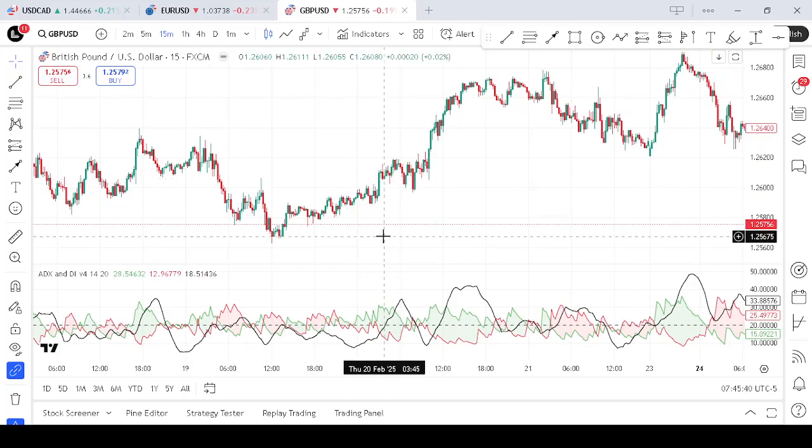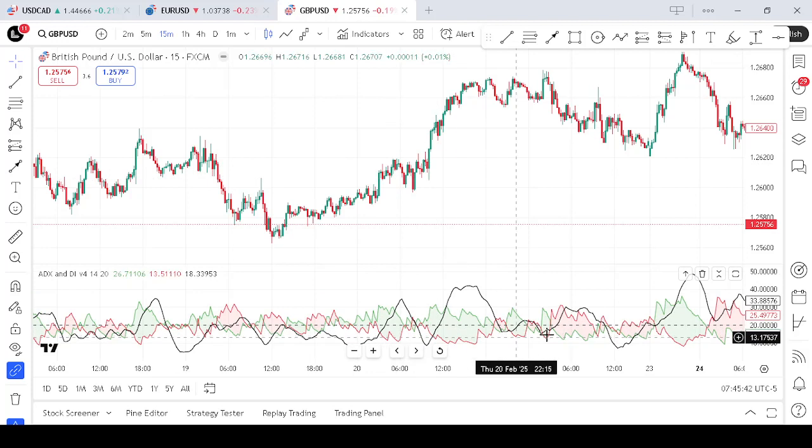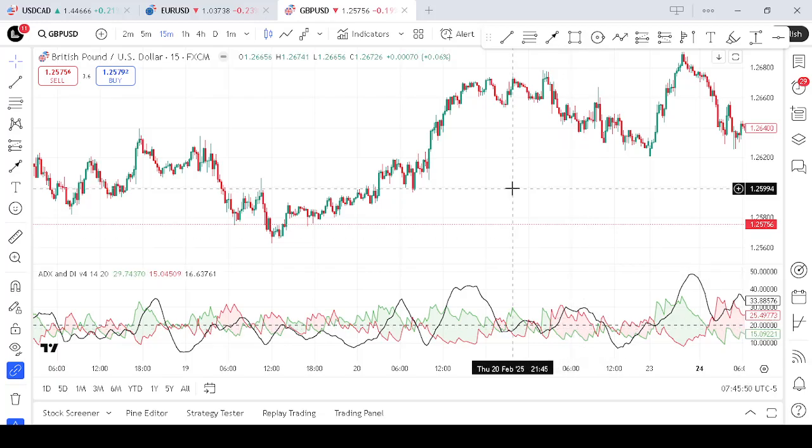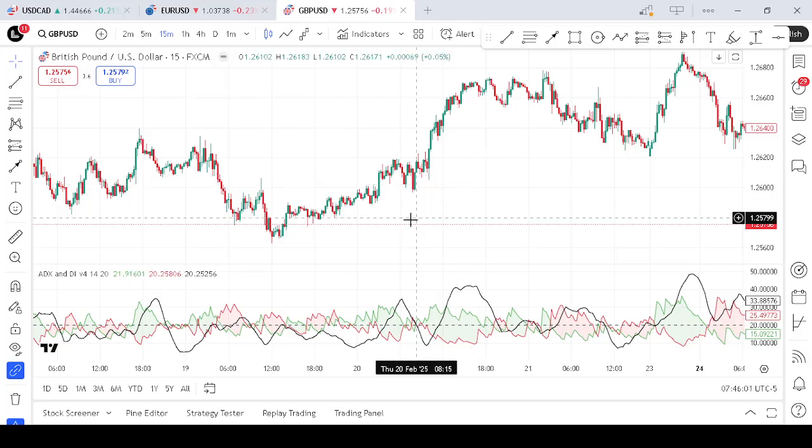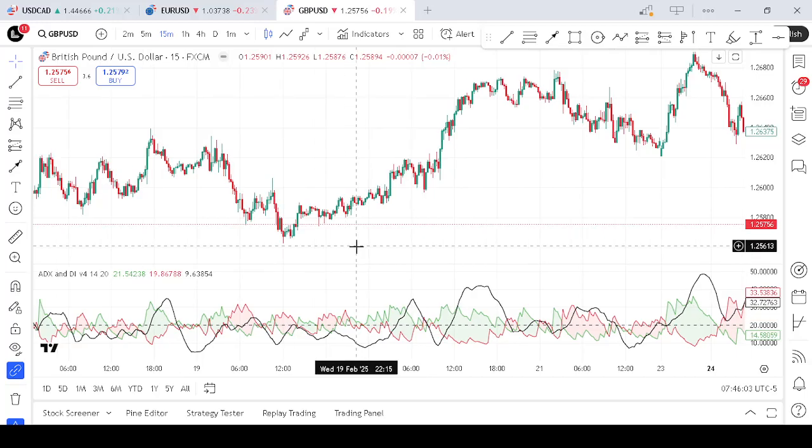Conversely, once the minus DI line crosses below the plus DI line, it signals a selling opportunity. This crossover should happen when the ADX is rising. Once you identify these signals, you place your order just 1 pip beyond the signal candle.